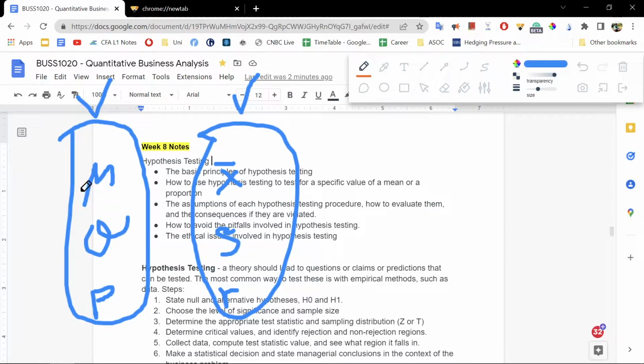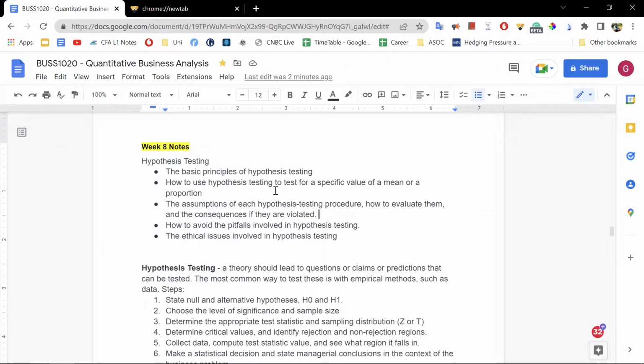So if you see mu, you know that's Greek, then you know that refers to the population mean. If you see X bar, you know X bar is Latin instead of Greek, then we know that X bar refers to the sample mean. If you see standard deviation, we don't know if it's the standard deviation of the sample or of the population. However, because sigma is Greek, we know that the standard deviation of the population is sigma instead of S. So that's just something for us to keep in mind before we talk about hypothesis testing.